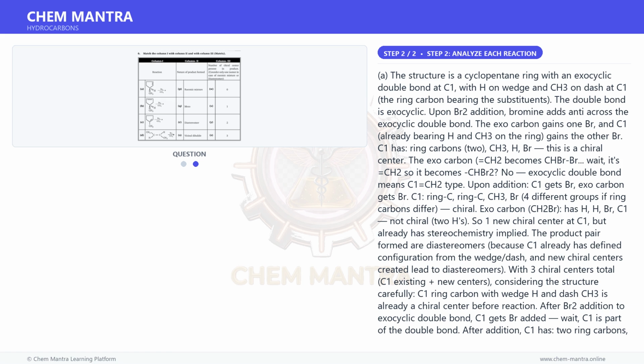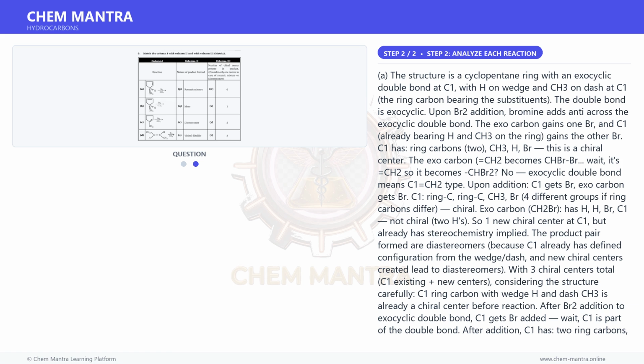D. Trans-2-butene, CH3-CH=CH-CH3 with trans configuration. Anti-addition of Br2 gives 2R,3S and 2S,3R, but these are the same compound, meso, because of the internal symmetry.